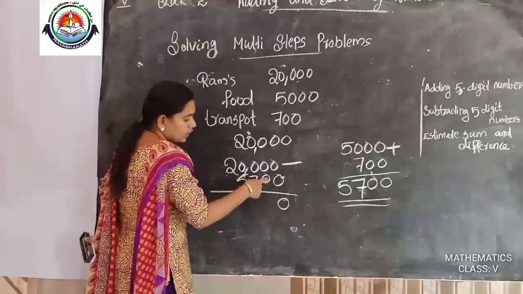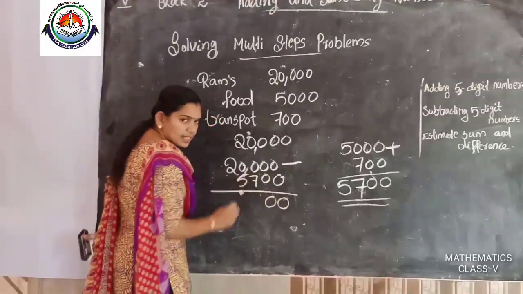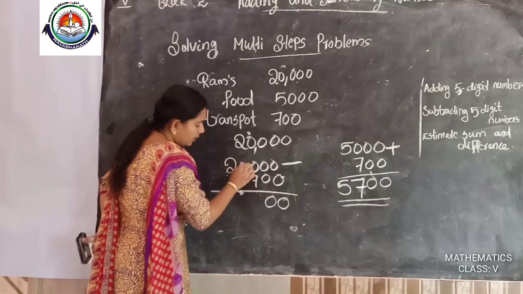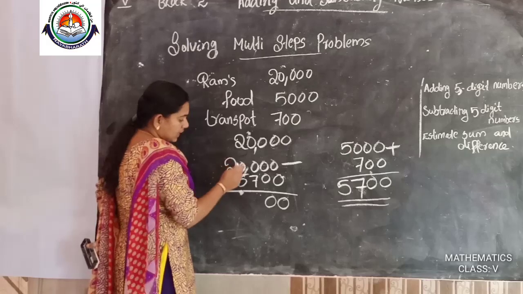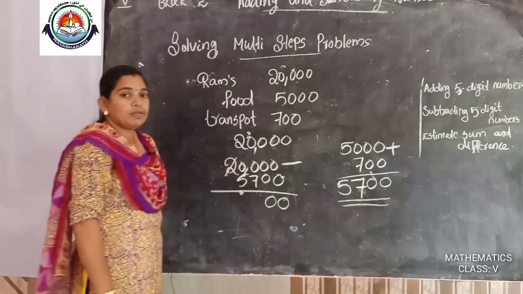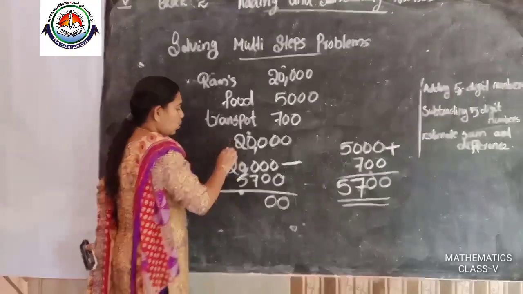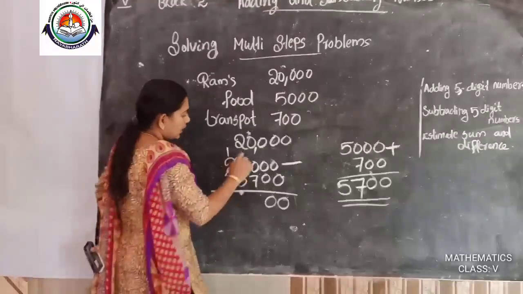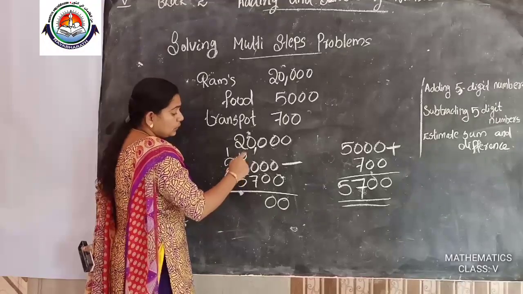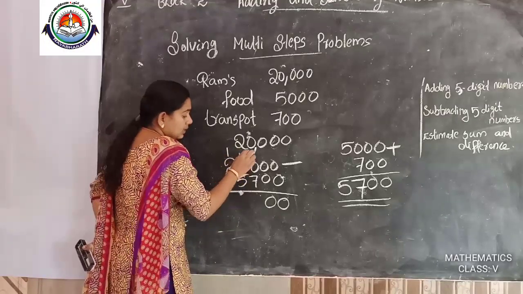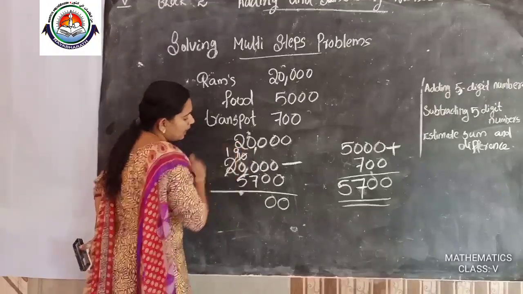0 minus 0 is 0. 0 minus 7, is it possible? No. We take 1 from here, but here there is no number. So we take 1 from this side, from this 2. Here 1 is remaining, and this becomes 10. We take 1 from this 10, and it becomes 9.